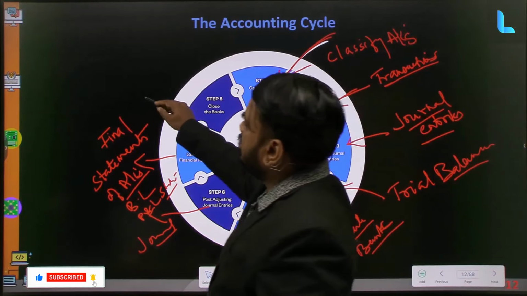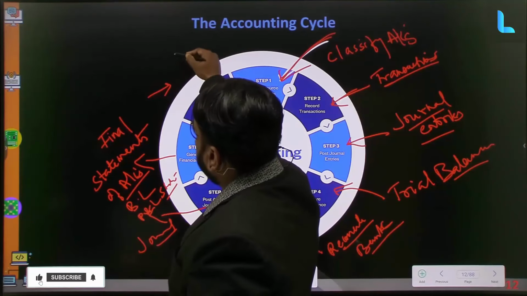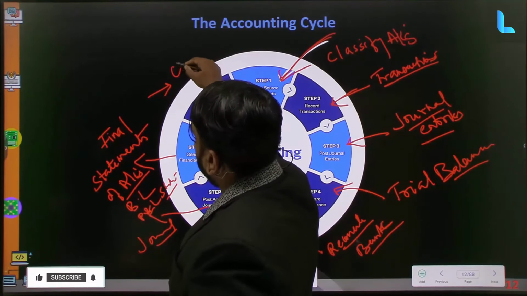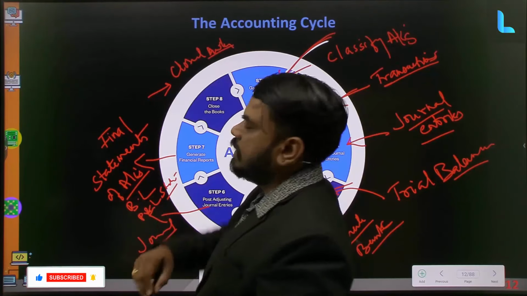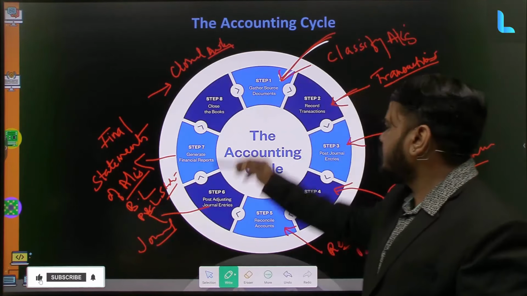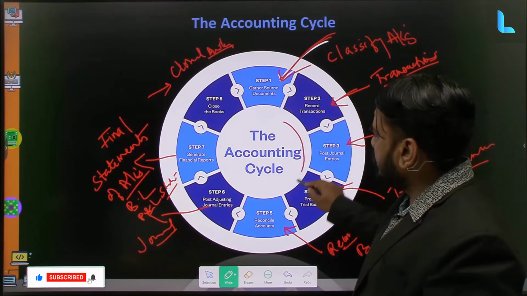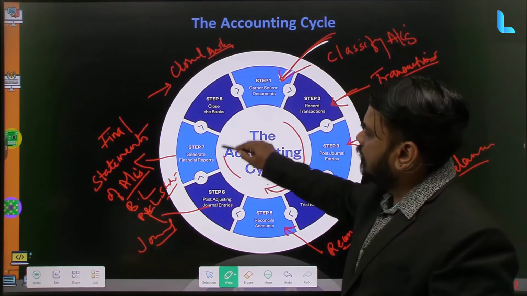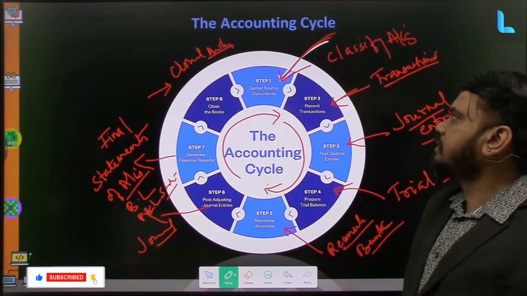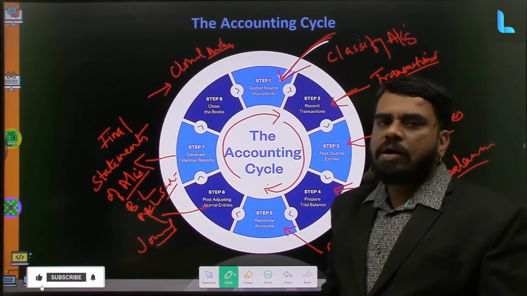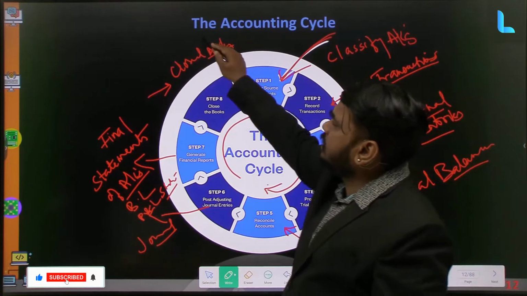Then finally, all these accounts which we had maintained have to be closed. The books have to be closed so that the next financial year begins, and the same process will continue further. This is a cycle. The steps flow one after the other in the cycle. This is what is known as the financial or the accounting cycle.